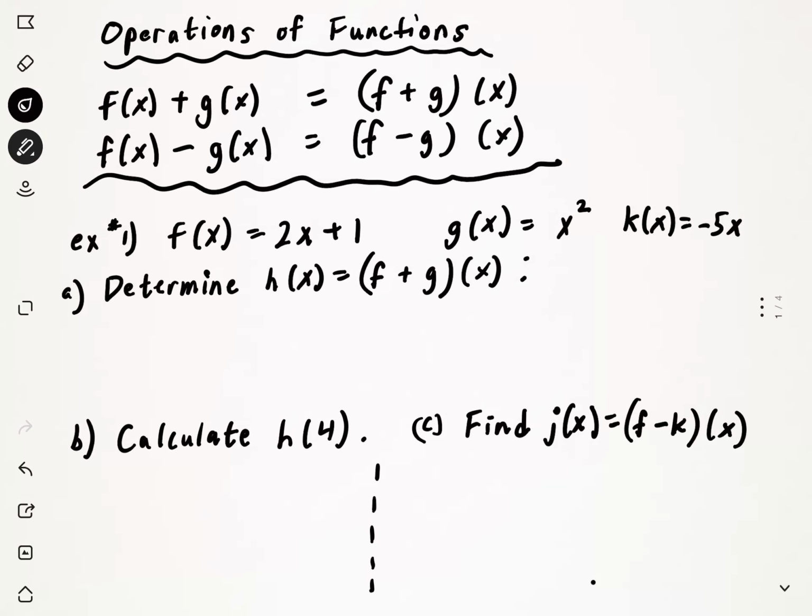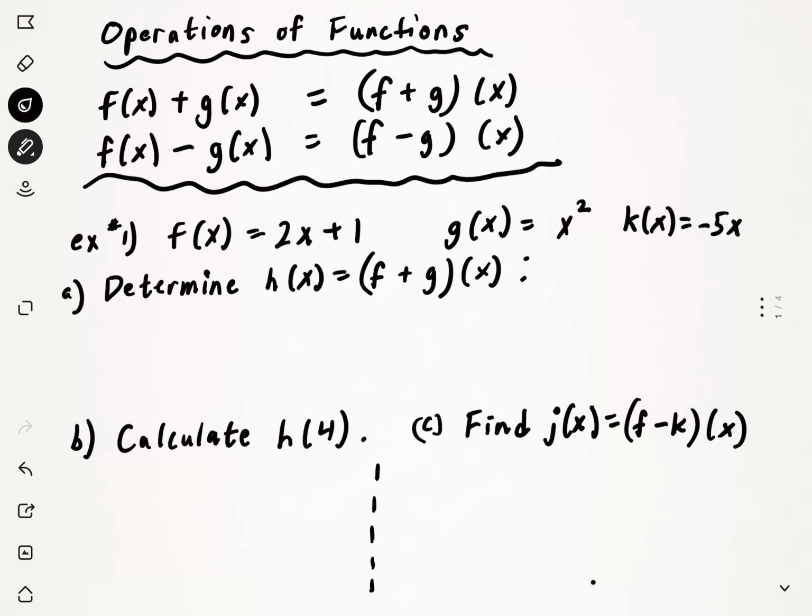You're going to see that notation a lot, f plus g of x, f minus g of x. And then in the first example, we are given three different functions, an f, g, and a k of x function, and two of them are linear, one is a parabola, but the shapes they make in this case don't really matter. We're not doing any graphing, it's just algebra.